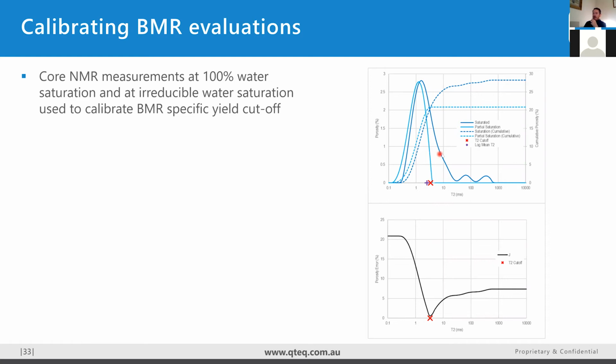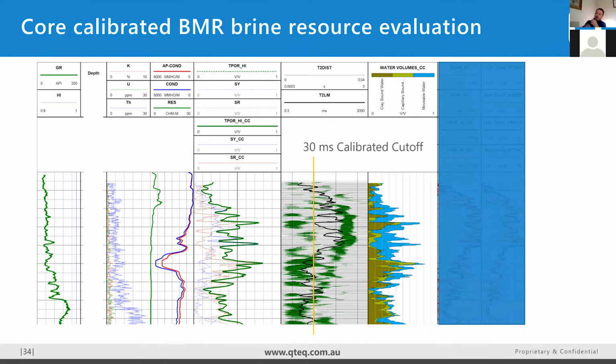You can compare the different curves and you end up with a cutoff. There's also another way to analyze the data using this J-curve, and you get very similar answers. So you do this for your well and your different lithologies, and then you can go back to your original data and apply that T2 cutoff as well.